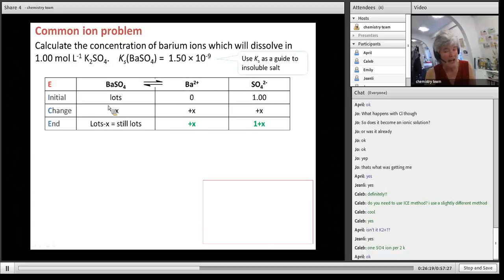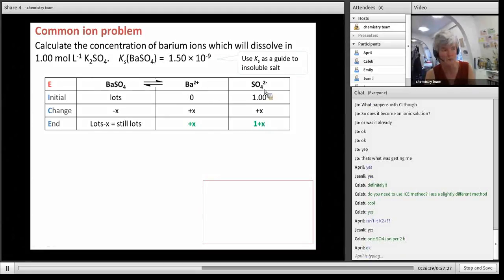I don't know how much is going to dissolve, so call it X. X for unknown. A small, tiny amount is going to dissolve. For every X of barium sulfate that dissolves, I'm going to have X amount of barium ions being formed and X amount of sulfate ions being formed, because they're in a 1-to-1 ratio.